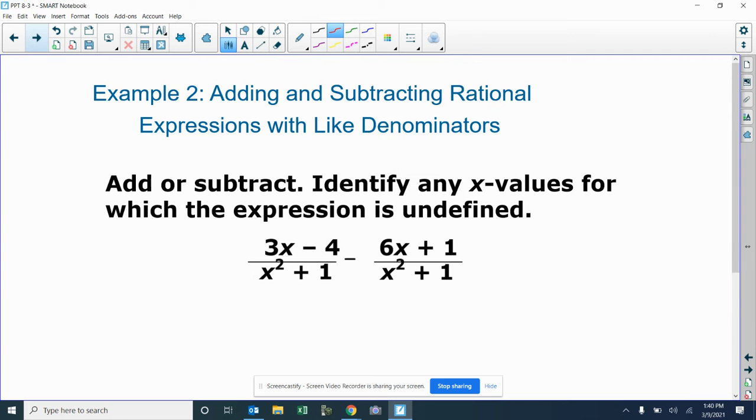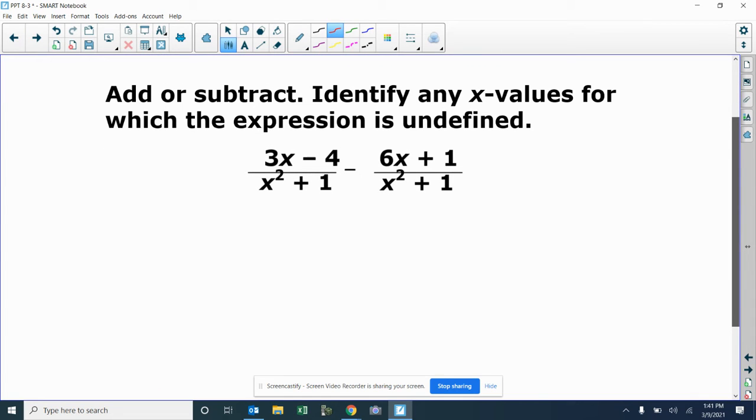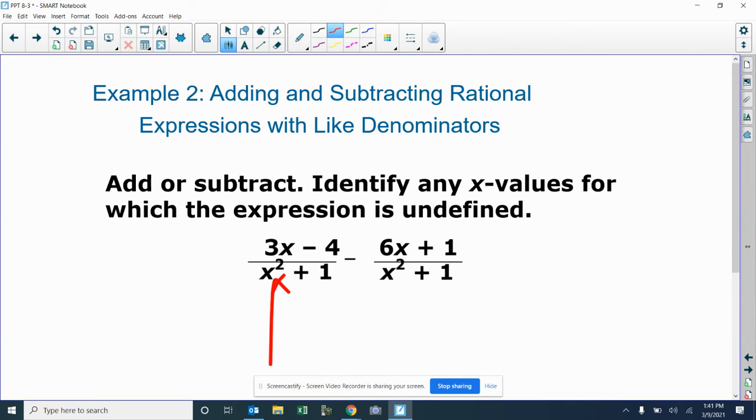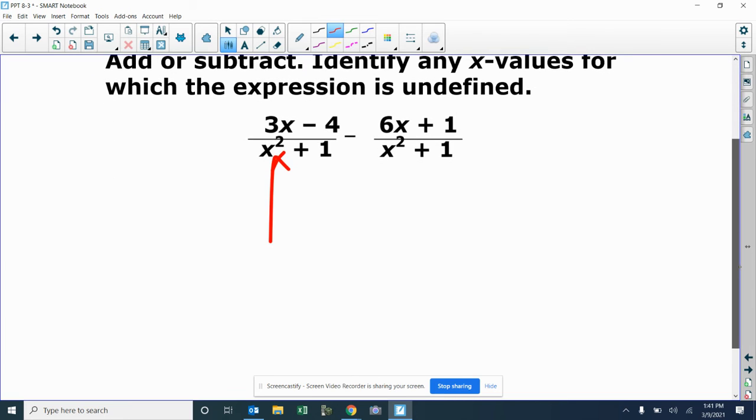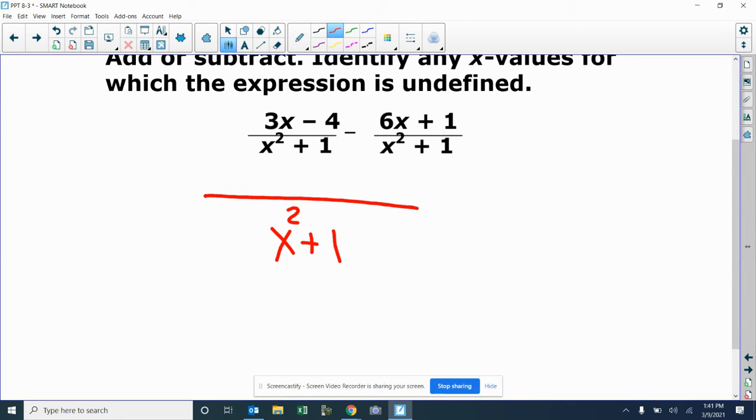Let's do another one like that, but this one's going to be minus. We're still going to express where it's undefined. And since it is a minus, we're still going to have x squared plus 1 down here.